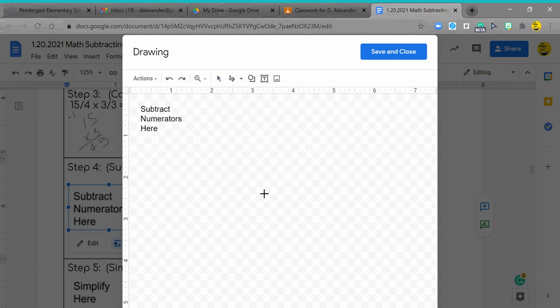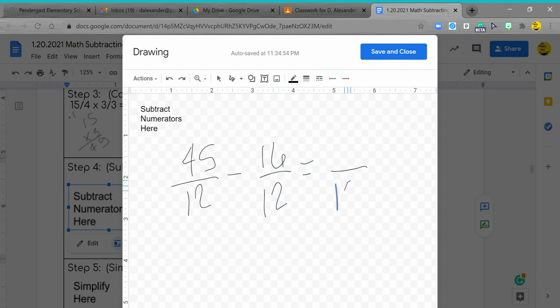So I have 45 twelfths minus 16 twelfths equals some number over 12. Now, ladies and gentlemen, I struggle with subtracting, so I'm going to come right over here. And yes, it's going to be a little sideways, but I still can do it.